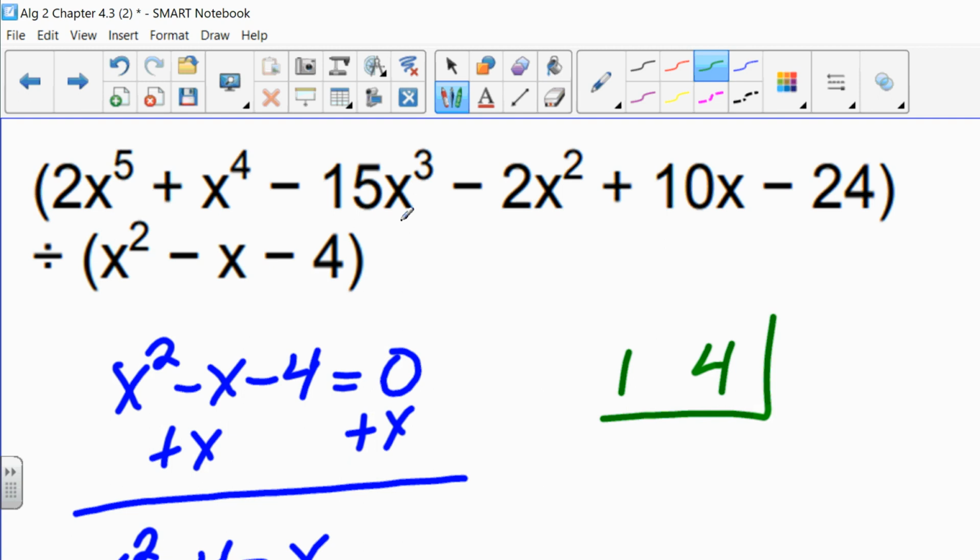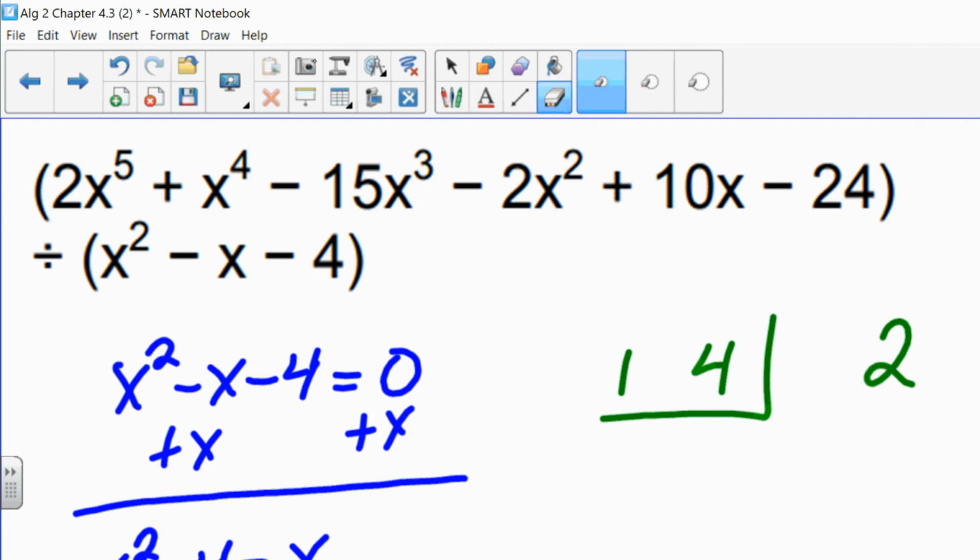Now the numbers going across the top would be 2, 1, negative 15, negative 2, negative 2, 10, and negative 24.